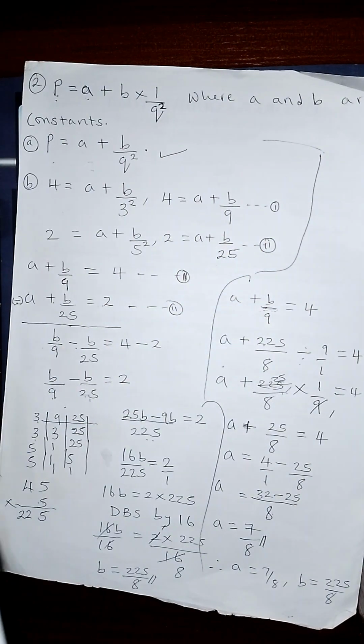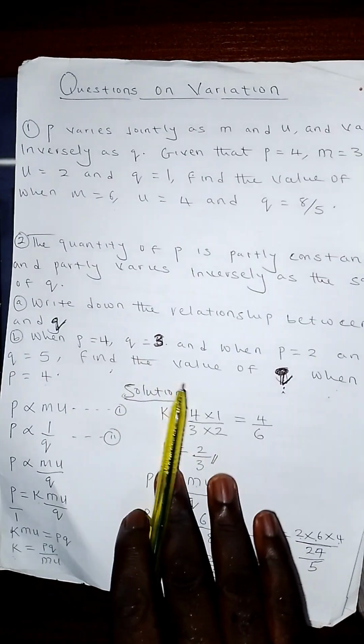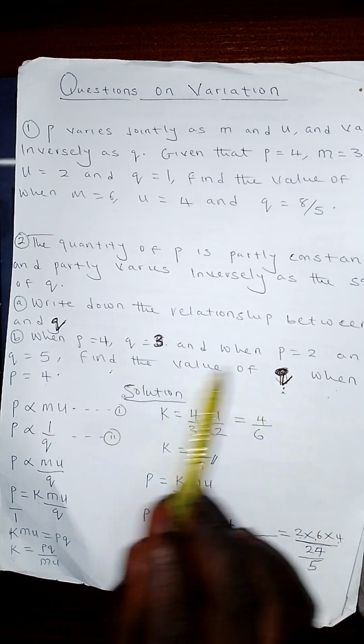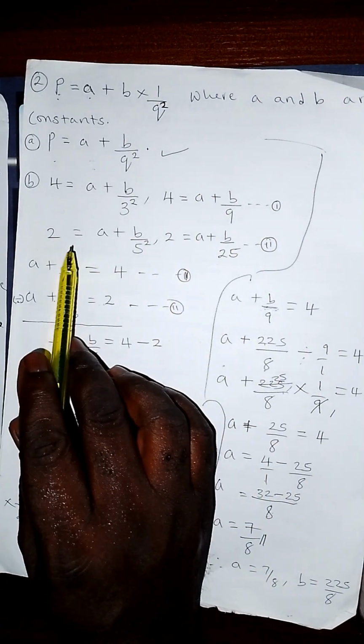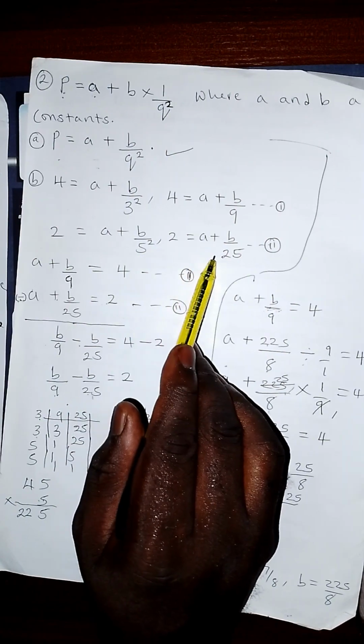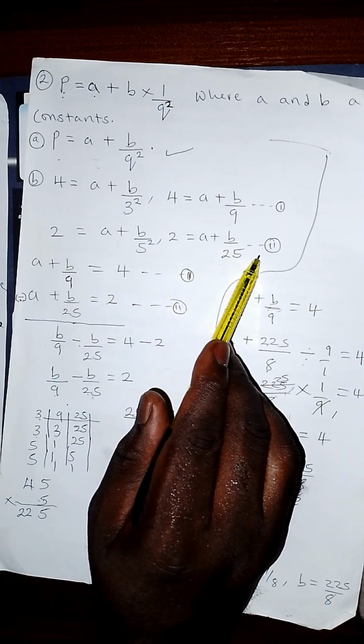And then the question again says that when P is equals to 2 and Q equals to 5. Let's do it again. When P equals to 2 and Q is 5. So 5 squared, that's 25. So you have this, that's equation 2.